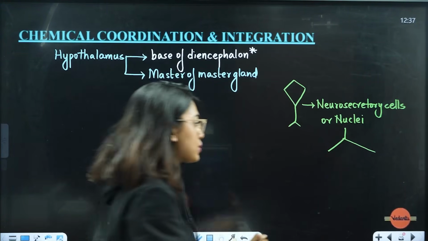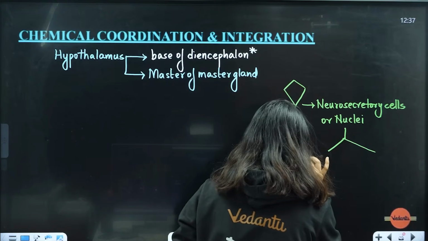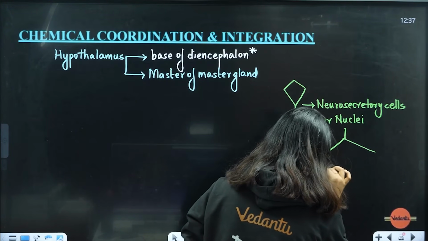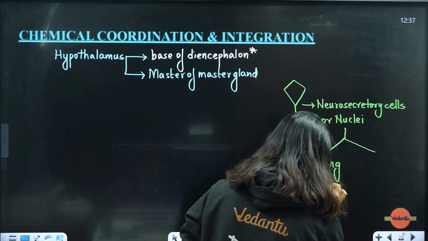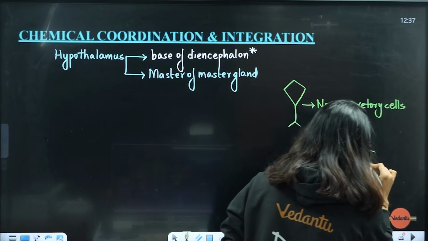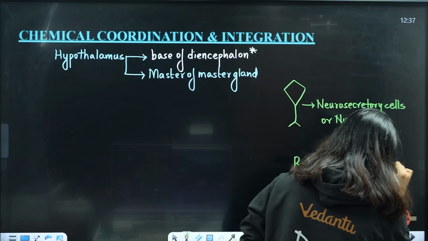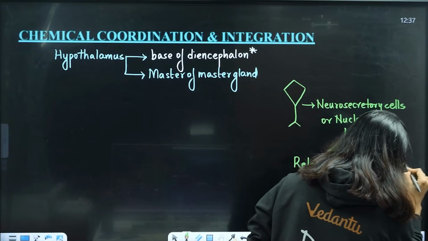They are going to form two types of hormones. One is called the releasing hormone. One is called the inhibiting hormone.